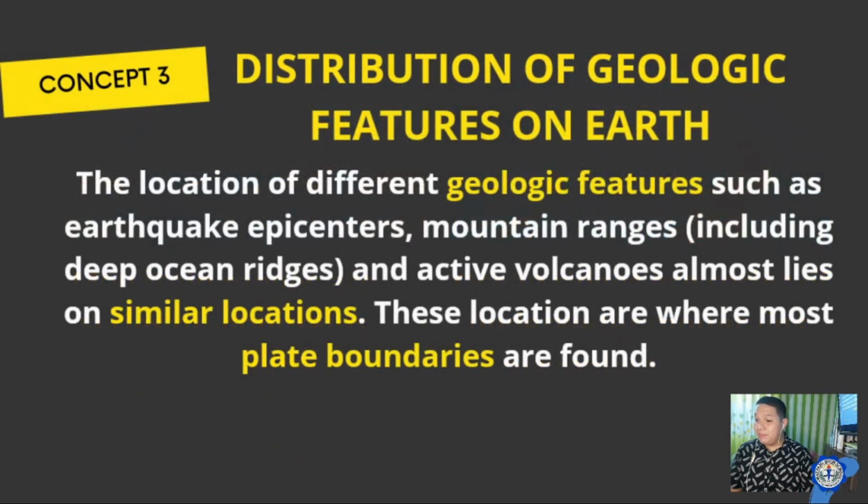So for concept number 3, distribution of geologic features on Earth: the locations of different geologic features such as earthquake epicenters, mountain ranges including deep ocean ridges, and active volcanoes almost lie on similar locations, and these locations are where most plate boundaries are found.